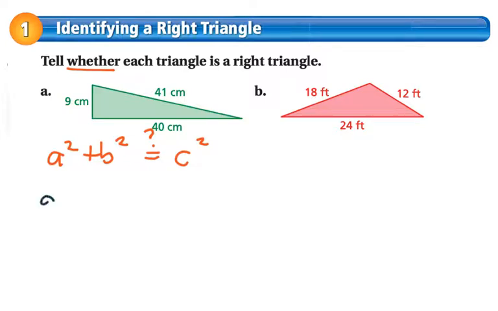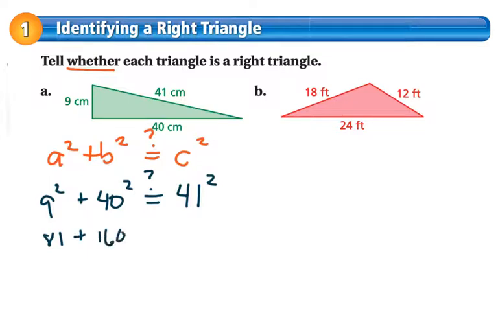I'm going to say that a is 9 centimeters plus b, which would have to be the 40 centimeter side. And again, we are asking, will that be equal to the hypotenuse, or c squared? Well, 9 squared, of course, then is 81, plus 40 squared, which is 1,600.